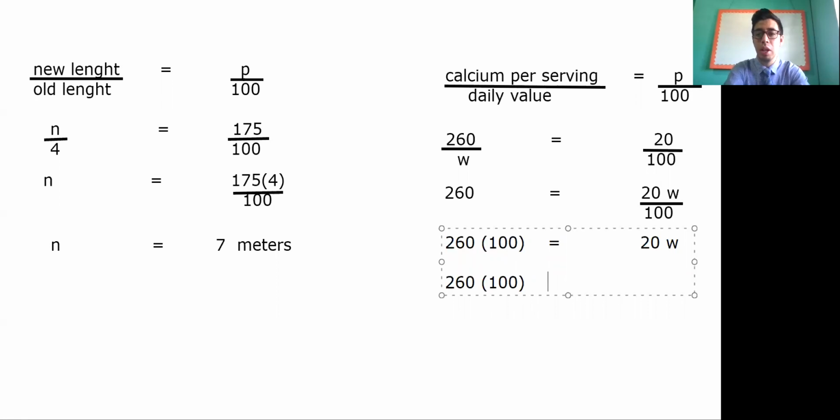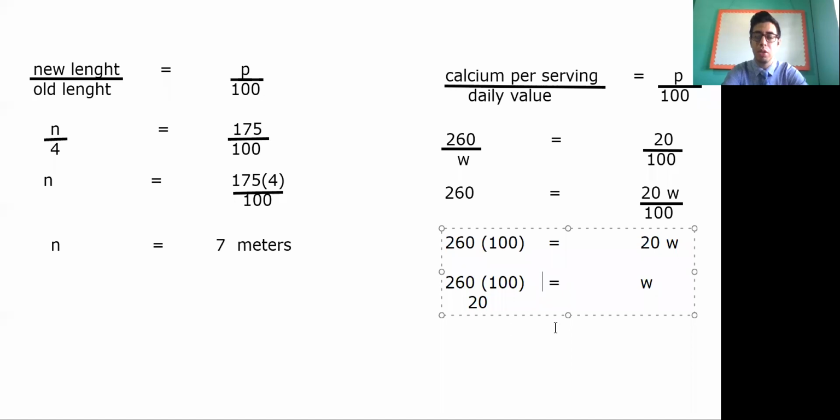This is going to be equal to W, and the number 20 is in here dividing. What I want is to have the W alone. I want my variable alone. And this is what I'm trying to do, to keep my variable alone.